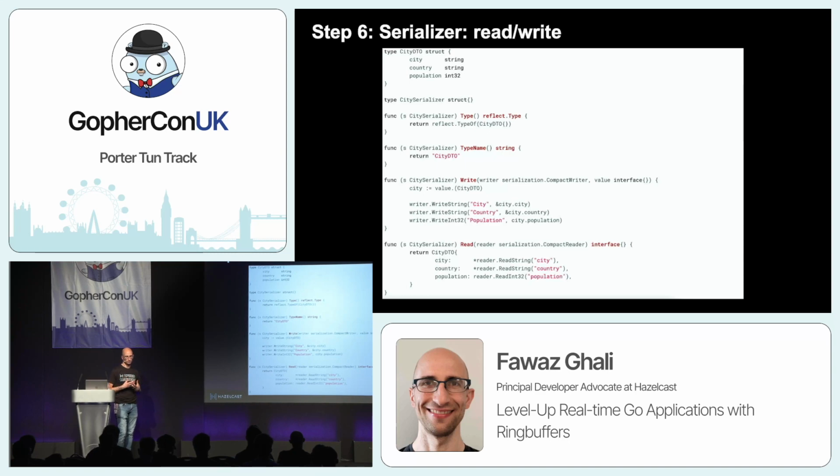So if you look at the read-write code here, obviously you want to make sure you collect this structure. In my case, I'm using city serializer in order to define the type of my structure. And from here, you can see I define write string, for example, if I'm using a string type, or integer type, and how big the integer is. This is very important, as I mentioned, if you want to work with complex structures in your ring buffer. So ring buffer is not only meant for simple types, but also for structure types as well.